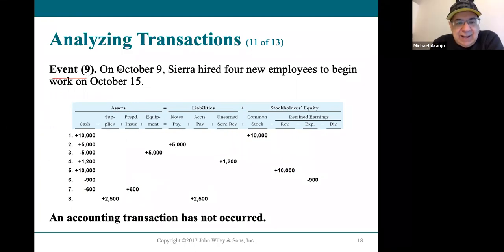Event number 9 happened on October the 9th. In this case, they hired 4 employees to begin work next week. Well, when you hire an employee, do you pay them up front? If you got hired, has anyone ever given you money up front when they hired you?